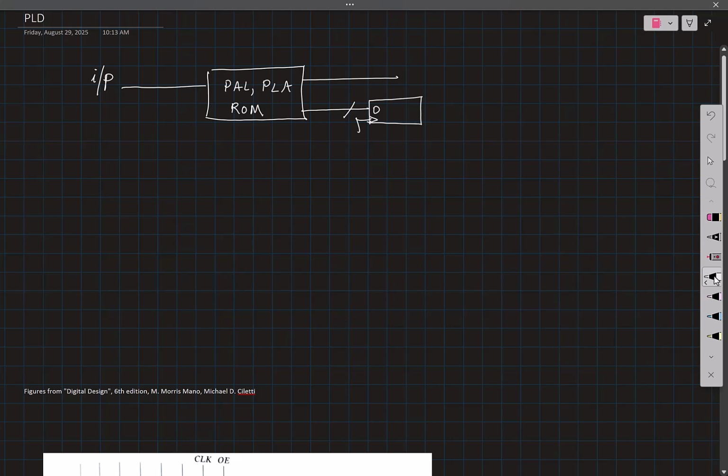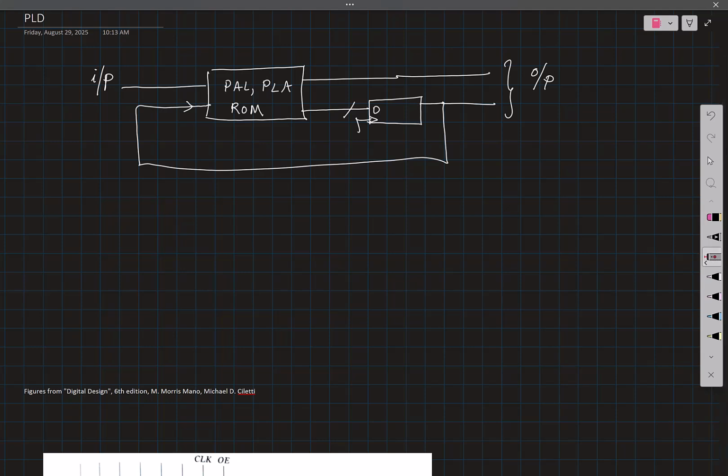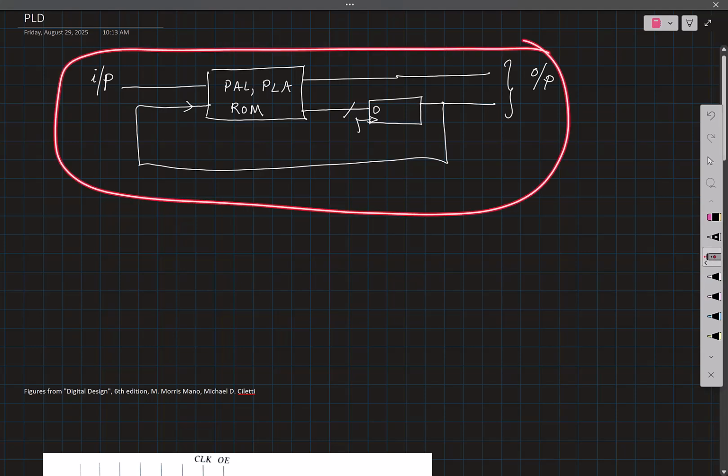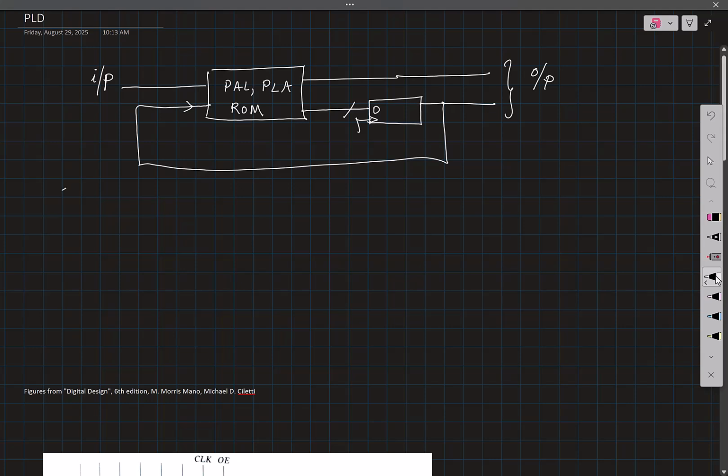Most likely an array of flops. And I should also have a provision to feed this back in. Right? And then all of this can be my outputs. Right? This idea also exists already. When you work with such a simple circuit, this is called either a sequential programmable logic device. Sometimes the S is also used as simple programmable logic device.